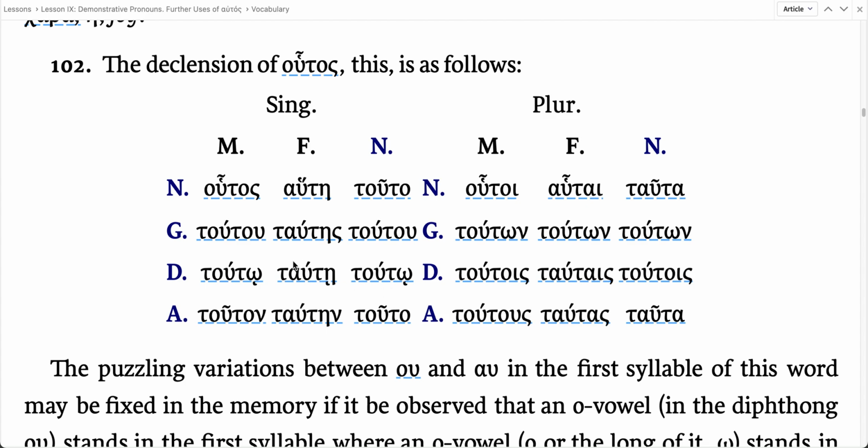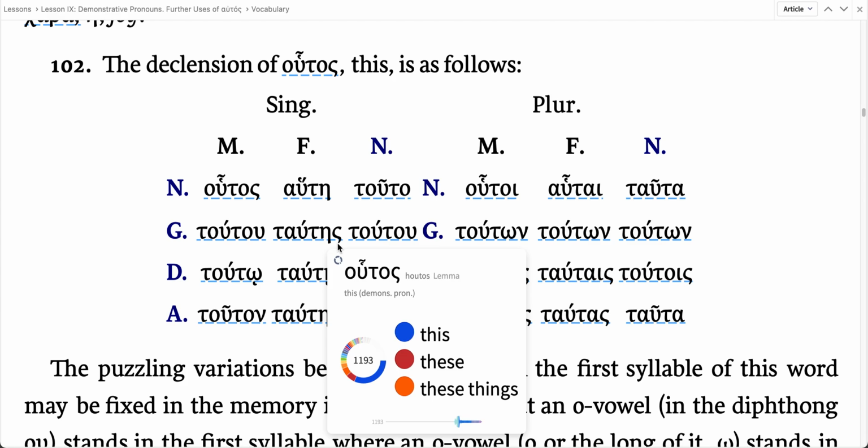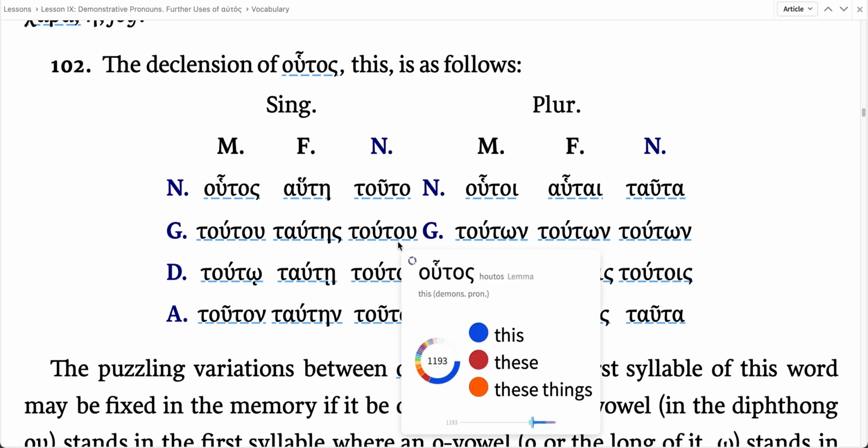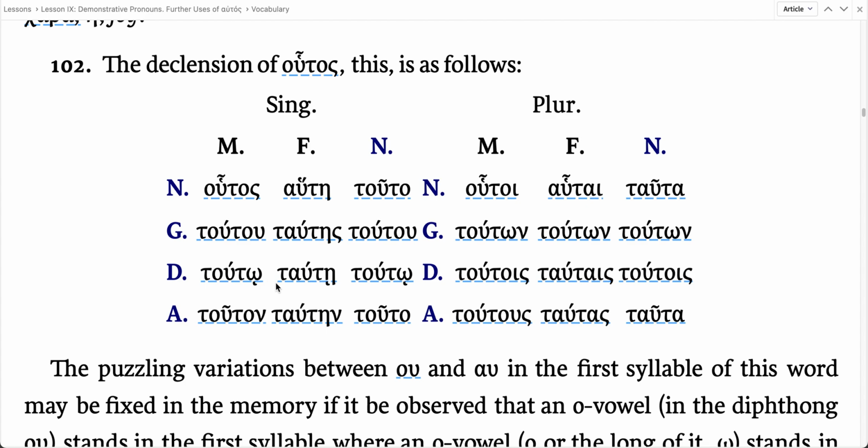And so if you look at this, once you get to genitive, dative, and accusative, you always have a tau, omicron, upsilon at the beginning of it, right? Except in the feminine, it's tau, alpha. So you can see the patterns. And then ho, he, to, that's the definite article.